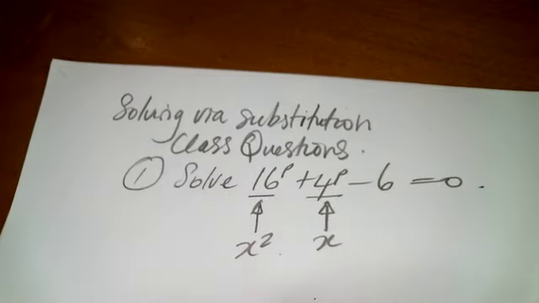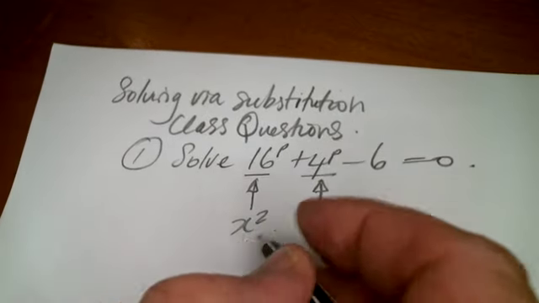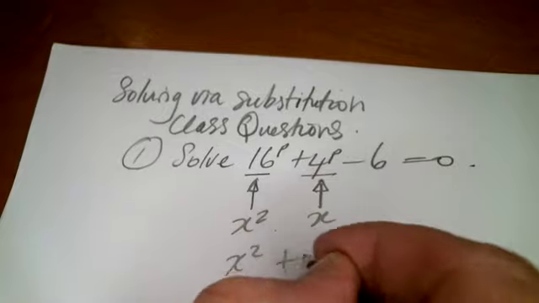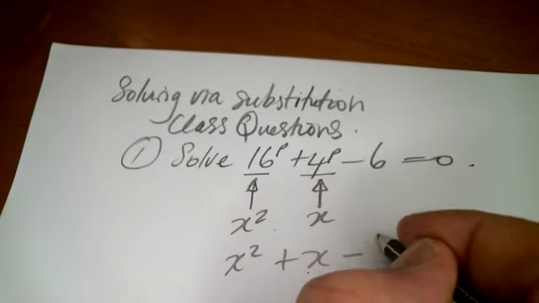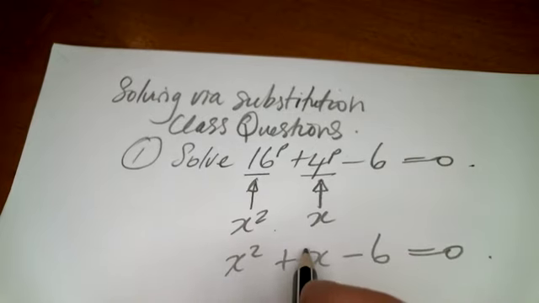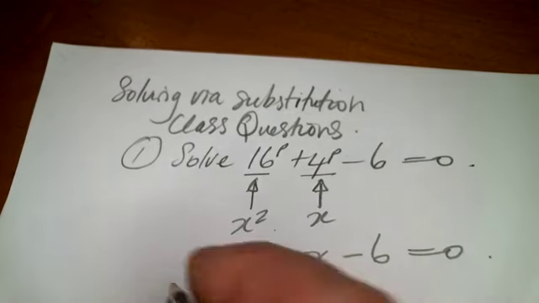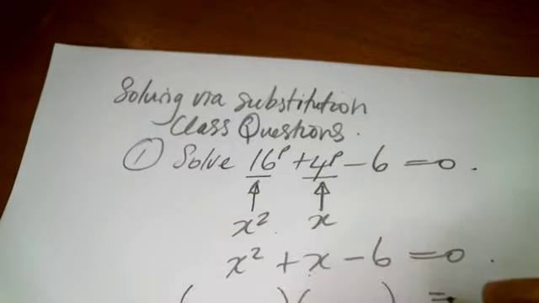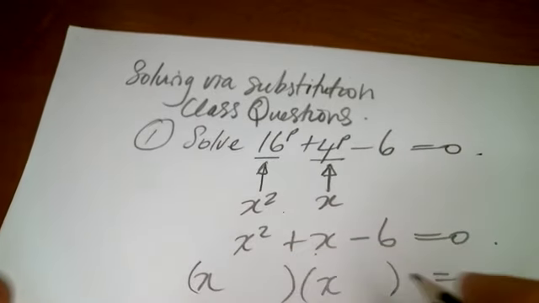Now, rewriting that in terms of x, we've got x squared plus x minus 6 is equal to 0. Nice simple one, yeah? It's because we've now got factors of 6, which are 1 and 6, and 2 and 3. And of course, the coefficient here is actually a 1, which means we've got an x and an x.